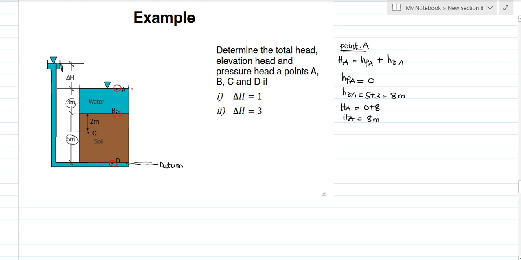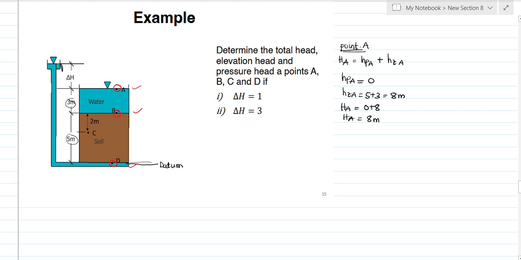You have to find the points that are not within the soil, the points at the boundary, because this whole portion is the soil. You need to find the parameters at the boundary of the soil before you can find the parameters within the soil. So very important. These are the points that we are going to find.